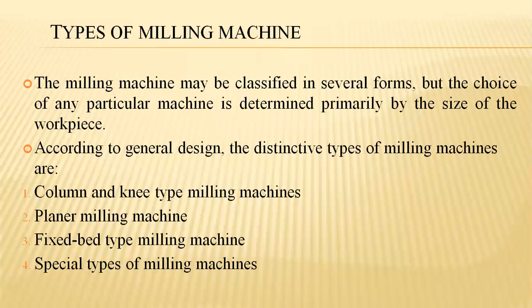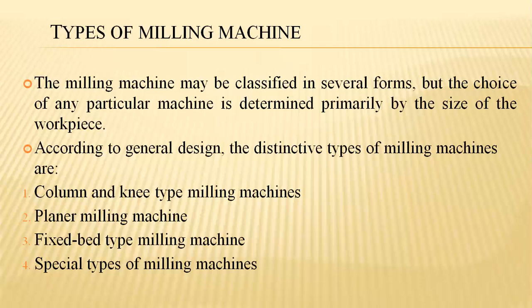They have been classified into many types. The first one is the column and knee type of milling machines, then planar milling machines, fixed bed type milling machines, and special types of milling machines. Here the column type and knee type of milling machines are classified based upon the design parameters or the distinctive types of these milling machines.